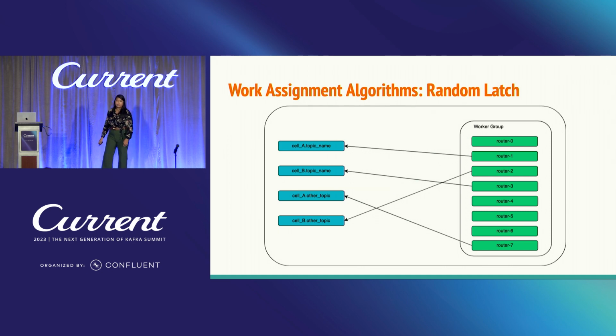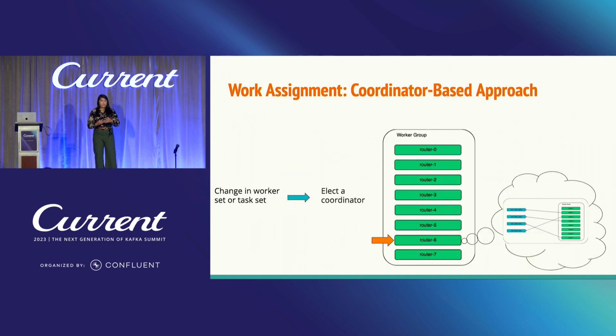And then what we settled on was trying a coordinator-based approach. And that means when a change happens that requires a recalculation of the task assignments, such as a change in the worker set, maybe an instance goes away, maybe we added more instances, maybe more tasks were added or changed, the set of instances elects a coordinator, and that coordinator is in charge of calculating that task assignment.